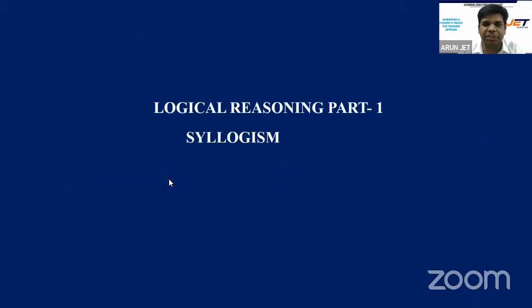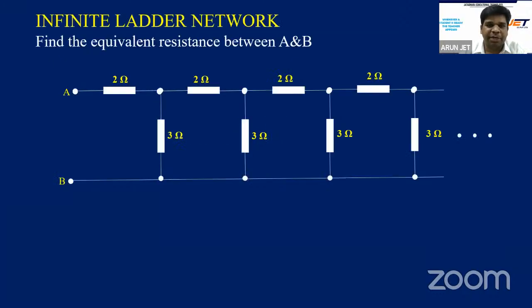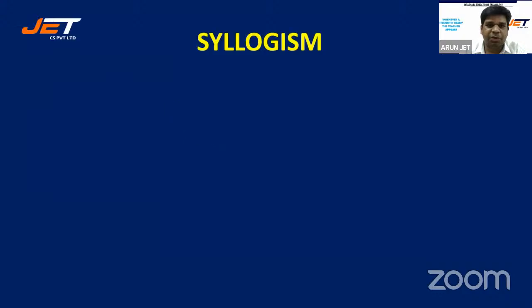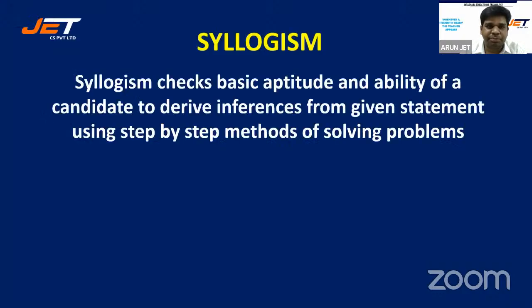Logical reasoning, part 1: syllogism. All right, now let's understand what syllogism is. Syllogism checks the basic aptitude and ability of a candidate to derive inferences from given statements using step-by-step methods of solving problems.